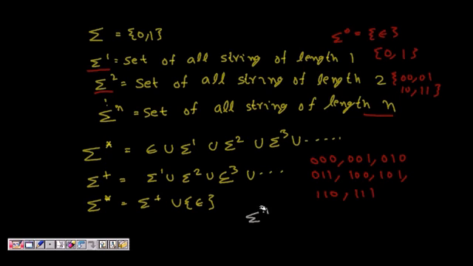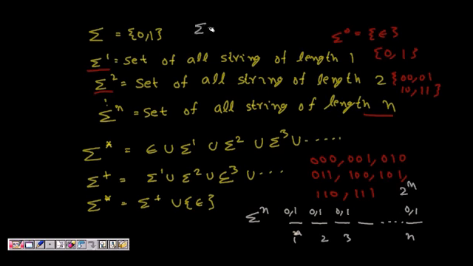So I can ask you a simple question: what will be the size of sigma n for this example? We have n places, 1, 2, 3 till n, and I have to fill each with 0 or 1. So there are 2 into 2 into 2 till n places, so it is 2 to the power of n.